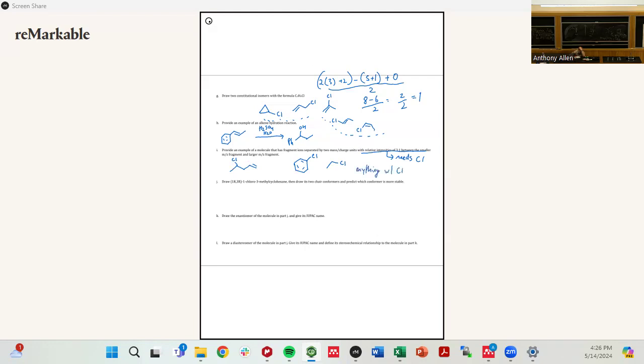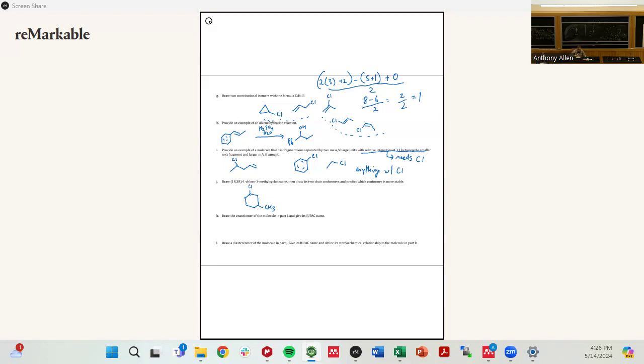Well, draw 1R, 3R, then draw its two chair conformers. So I need a chlorine and a methyl group. Now I need to figure out wedges and dashes.